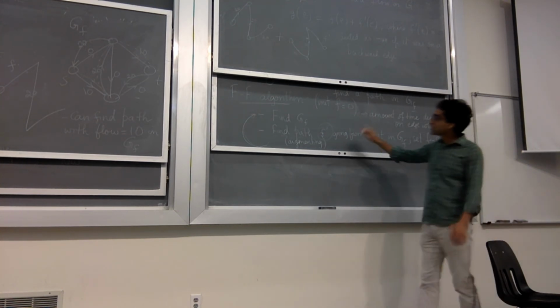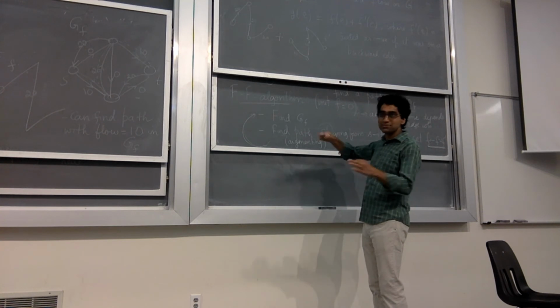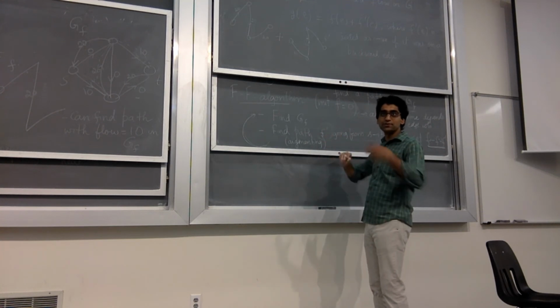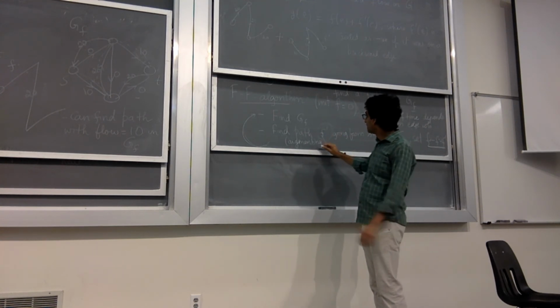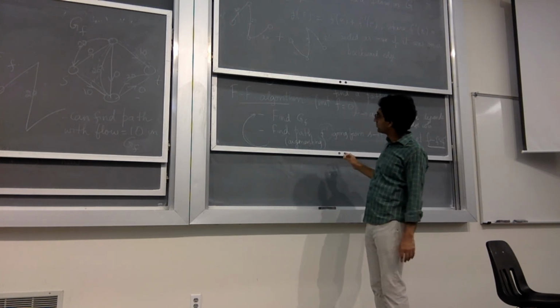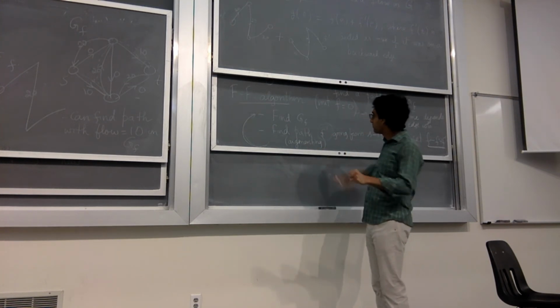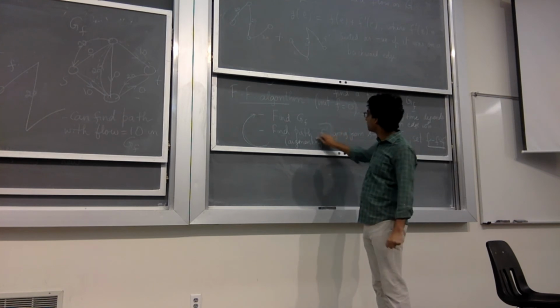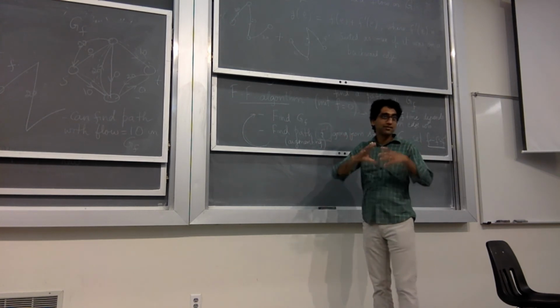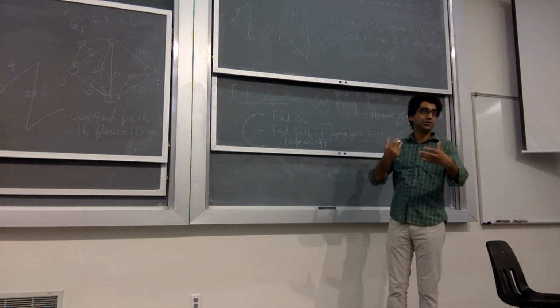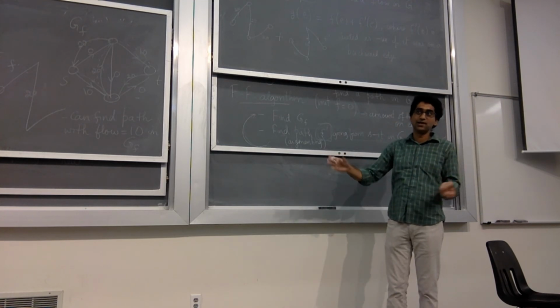Usually they're called fat pipes and short pipes. If you think of these as water pipes, the second algorithm I was telling you about tries to find an augmenting path that uses fat pipes, where every pipe has large diameter, or every edge has large capacity.